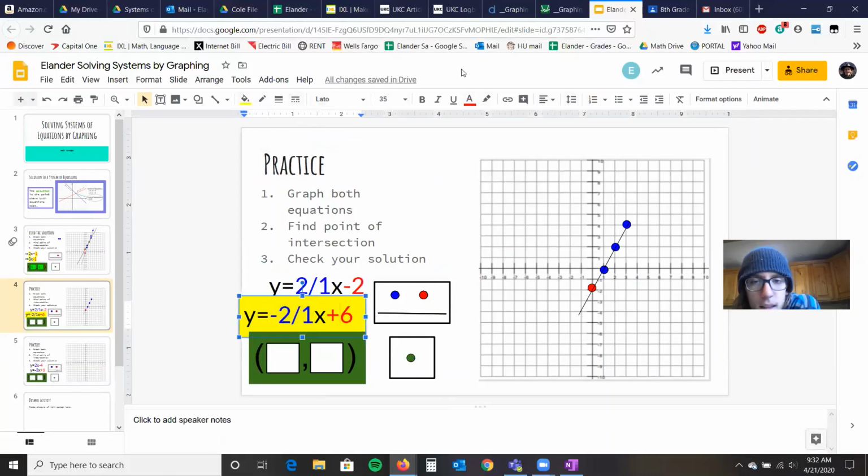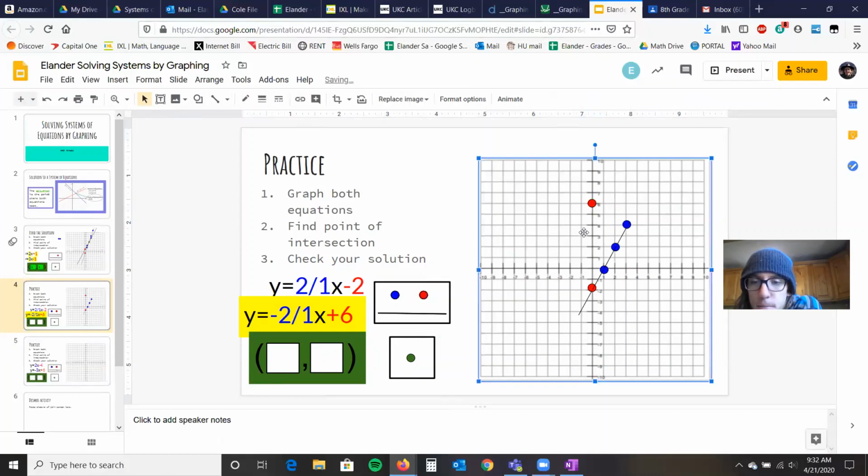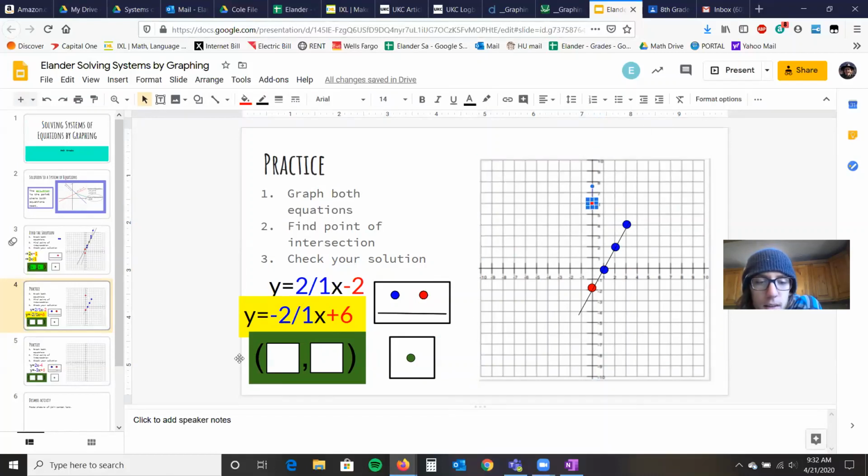You told me, Edna, that that's our y-intercept. So we say, okay, y-intercept's at 6. So I go 1, 2, 3, 4, 5, 6, place my dot, and then from that point, I then do my slope. So if it's a negative 2 over 1, if that's a negative 2 for the rise, do you think that's going to go up or down? What do you guys think?